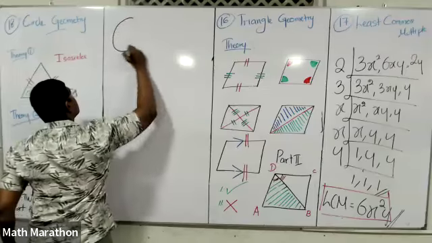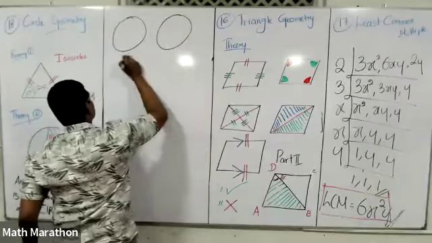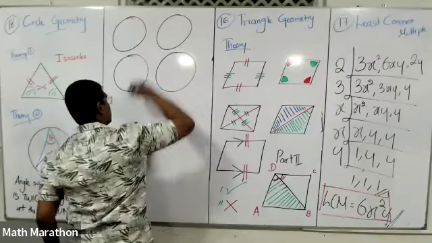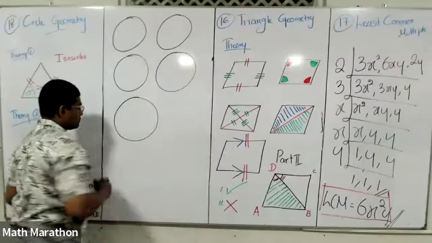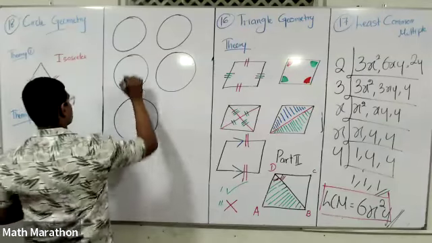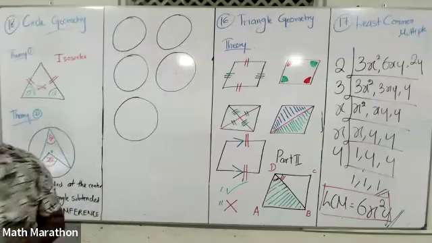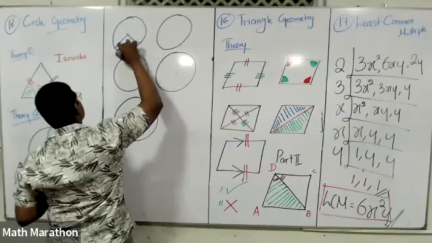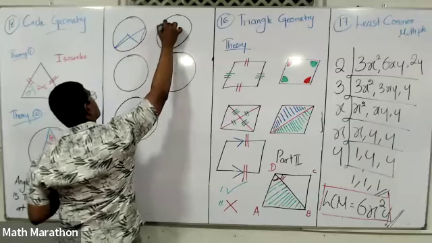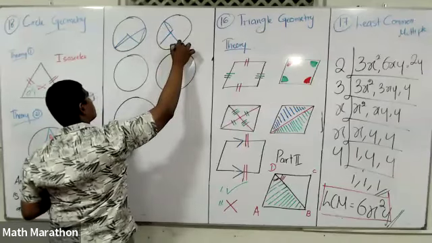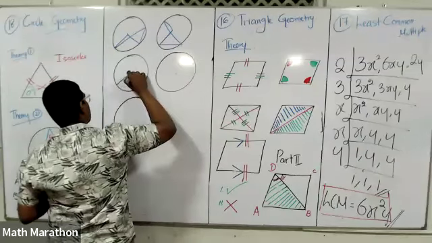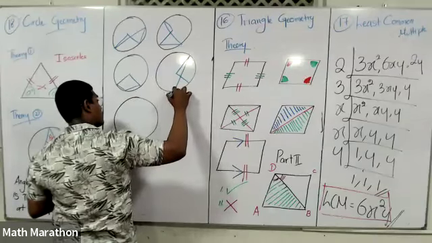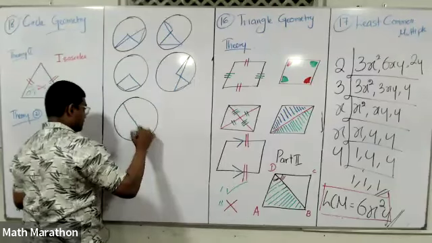Similarly, this will take several shapes. This can also be something like this, and this, and this, and this, and this as well.